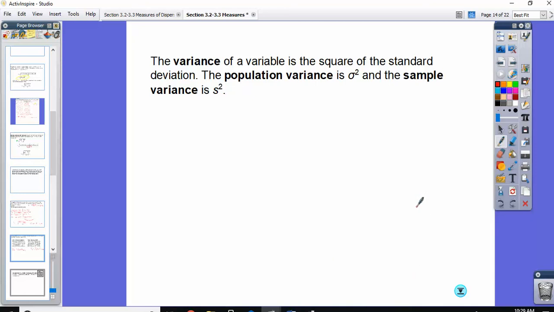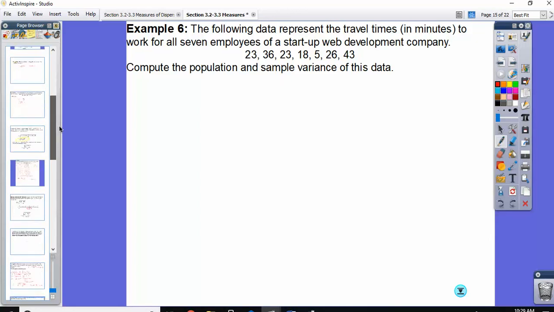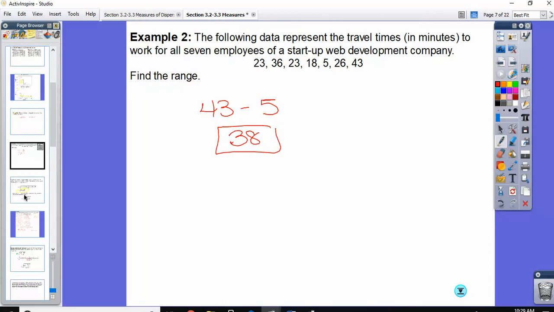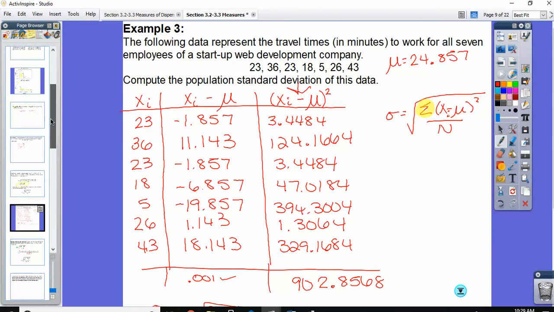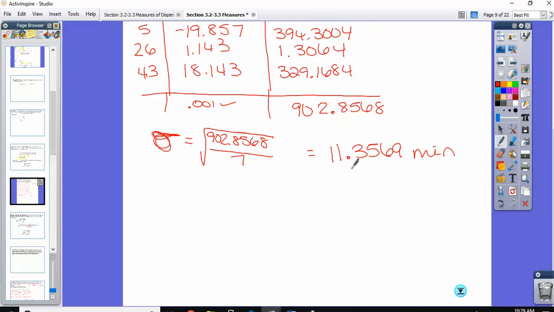So if I went back to, I asked you to compare the population and sample variance for the times. Go back to your examples 3 and 4. I'm just trying to reuse some of the data from before so we're not recalculating everything. So on this one, example 3, our standard deviation was here.